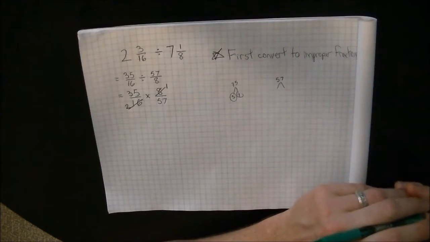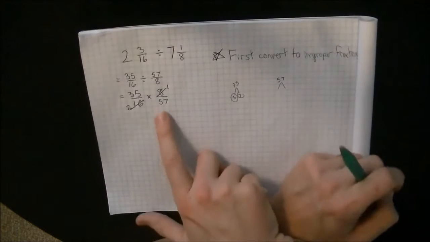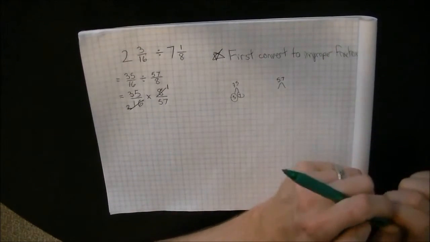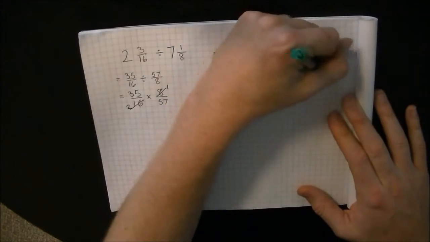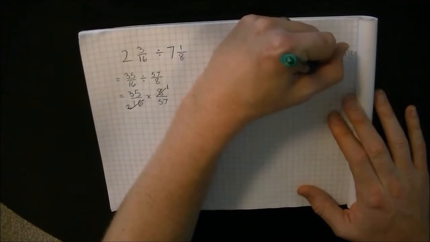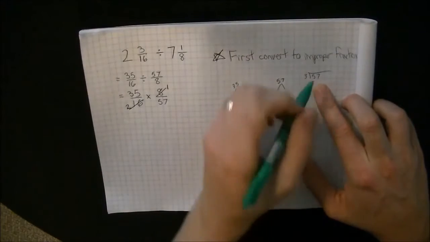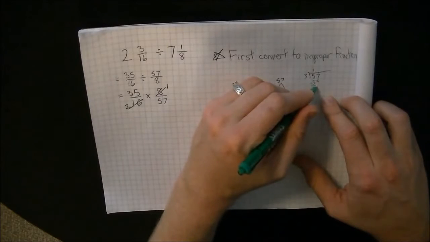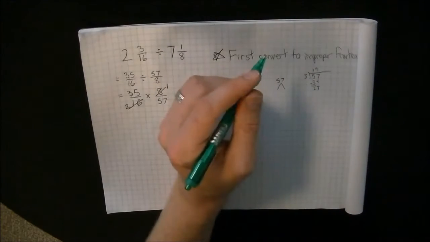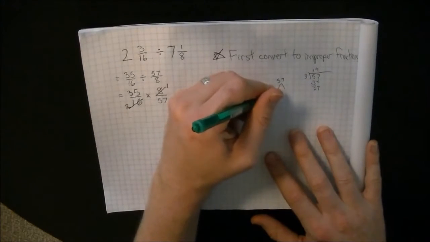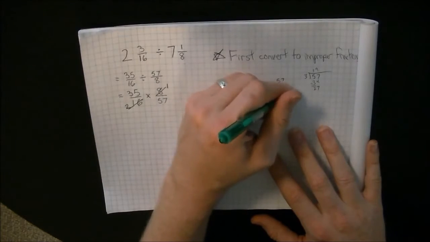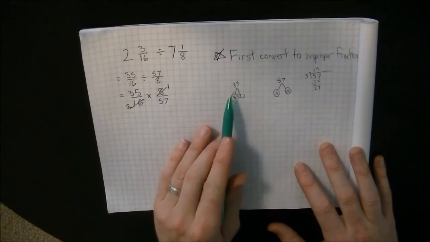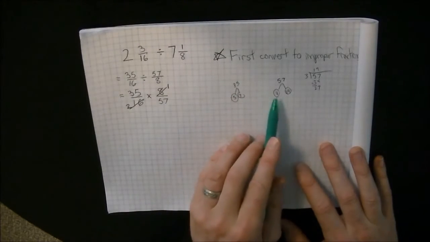Does 3 work? 5 plus 7 is 12, so 3 goes into 57. How many times? Let's figure this out real quick. 3 goes into 5 once. 1 times 3 is 3, subtract. And 3 goes into 27 9 times. So 57 is 3 times 19. 19 is also prime. So we have 35, which is 5 times 7, and 57, which is 3 times 19.